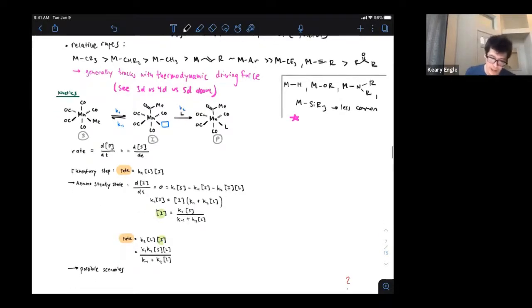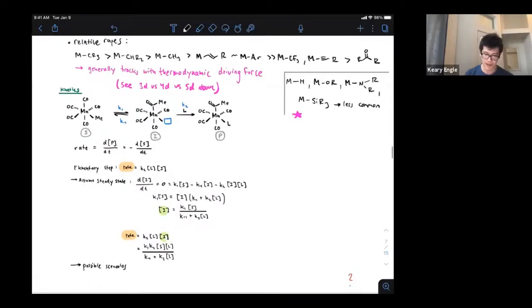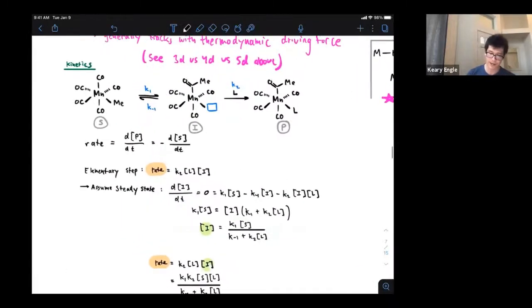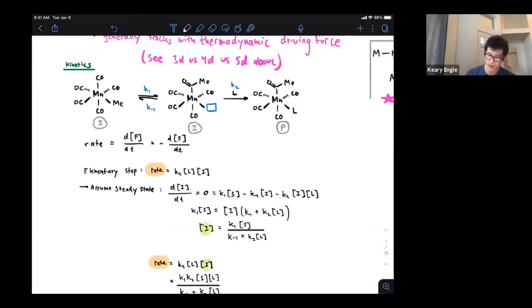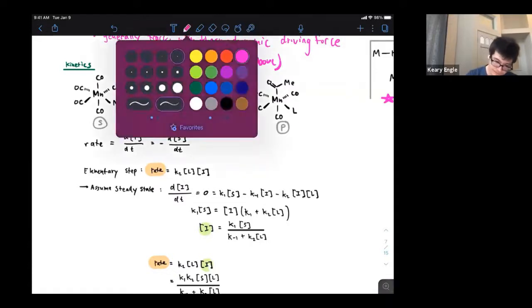So let's consider the migratory insertion kinetics of this methyl manganese pentacarbonyl complex, which was just abbreviated S in the rate equation below. This is going to undergo 1,1 migratory insertion from the methyl to the carbonyl.